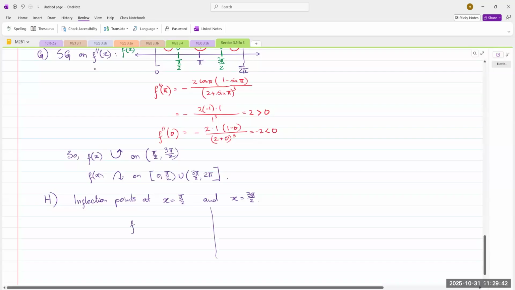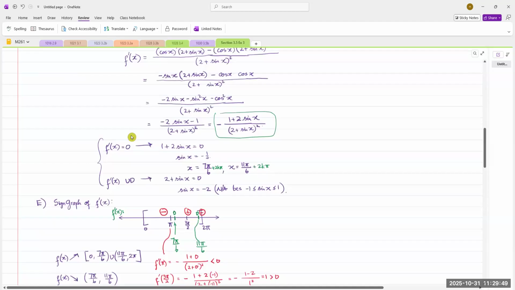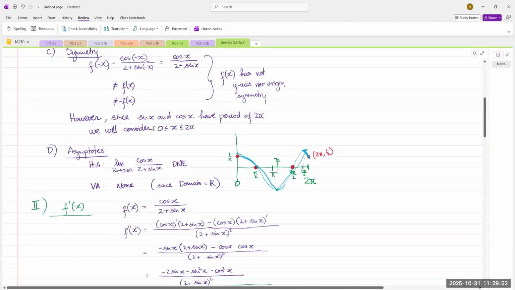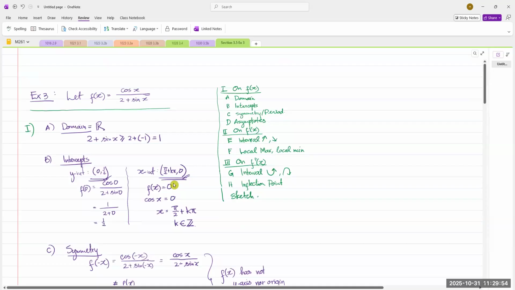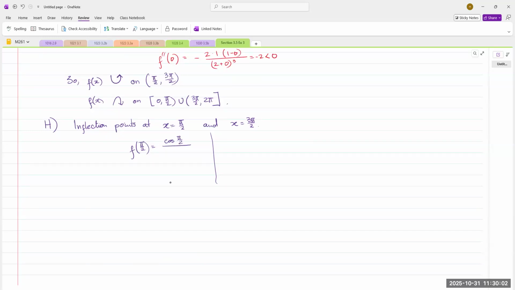So the value of the function at pi over 2 is, what is the function again? Cosine x over 2 plus sine x, right? Cosine pi over 2, oh, that's 0 already. Okay, likewise, the value at 3 pi over 2, the cosine of 3 pi over 2 is also 0.